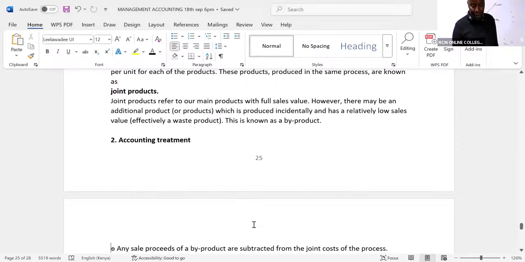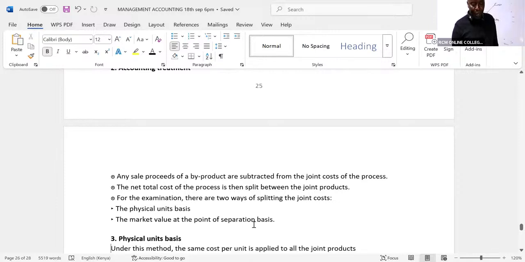Accounting treatment. Any sale proceeds of a byproduct, that waste material, like the sawdust, are subtracted from the joint cost of the process. The net total cost of the process is then split between the joint products. For examination purposes, there are two ways of splitting the joint costs. We have physical units basis.